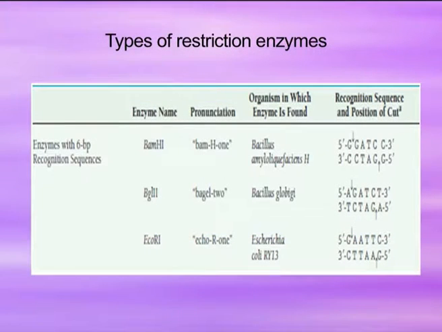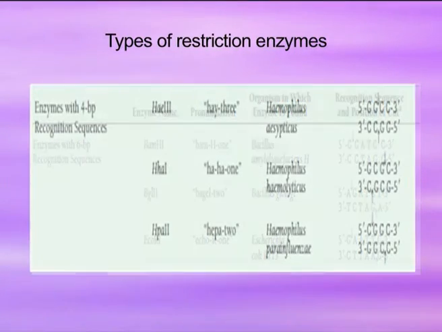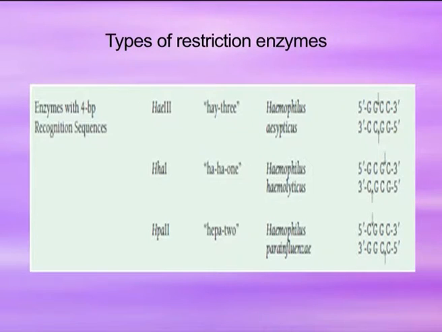The next are those with 4 base pair recognition sequences. These are a little rare, like HaeIII, HpaII, etc. Followed by the restriction enzymes which have 8 base pairs, like NotI. NotI is able to recognize an 8 base pair long restriction site, followed by BstXI.